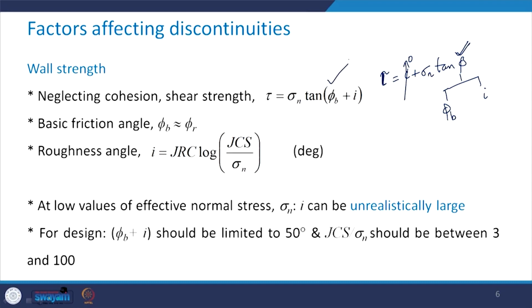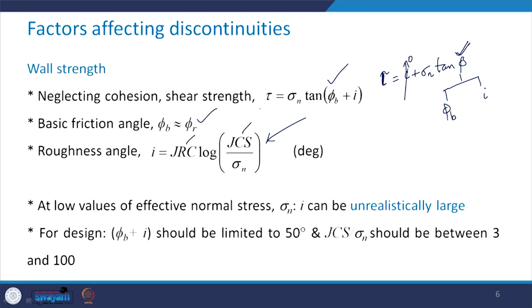Now, the basic friction angle can be approximately taken as equal to the residual friction angle, and the roughness angle can be defined in degrees using this expression, where JRC and JCS represent the characteristics of the rock.